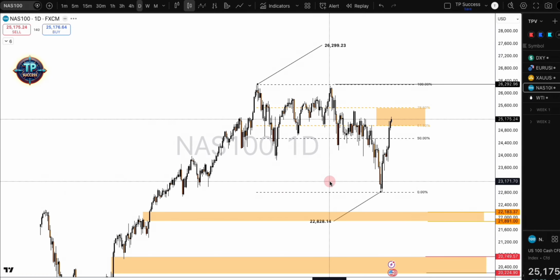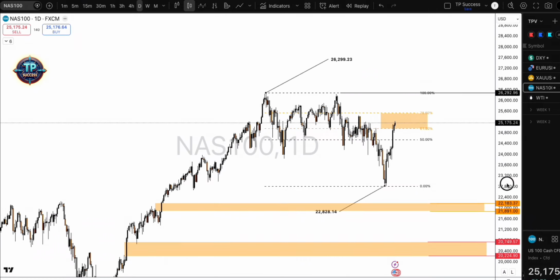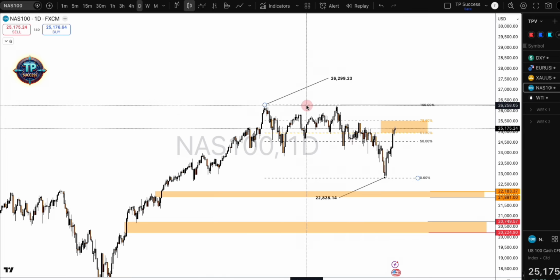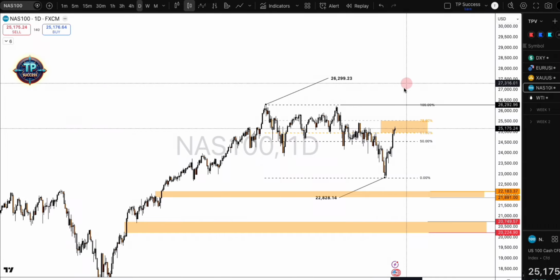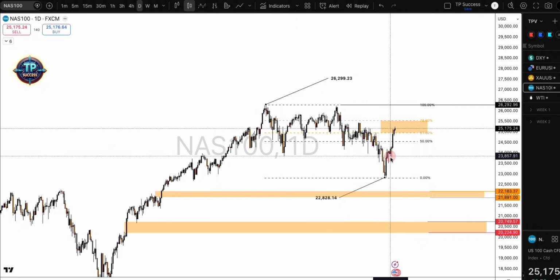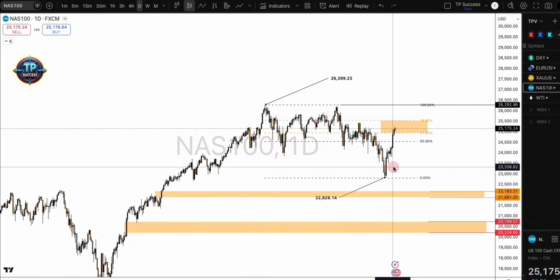But at the same time, NAS could fly off from this level, therefore creating a new change of character at this level, which would be 26,299, for price to push to the upside. That would mean there was a flaw in my analysis, because I'm expecting price to break down even lower.